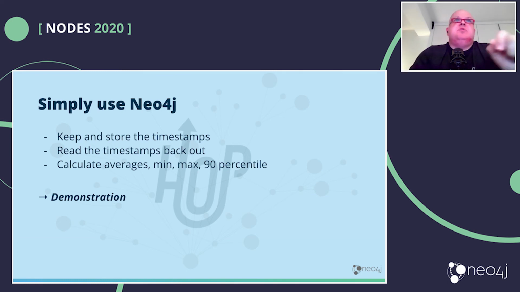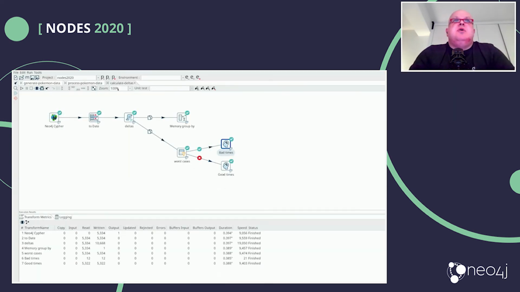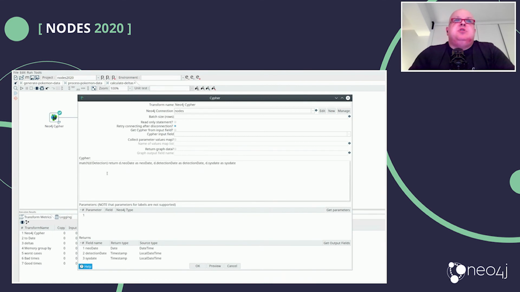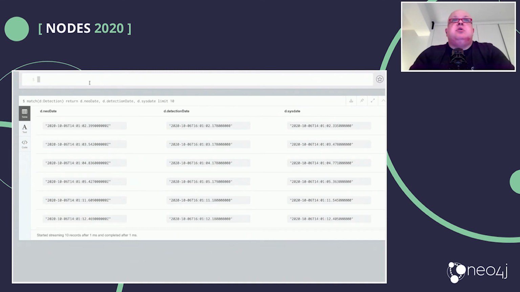All right, let's go back to our simple transform for Cypher. And basically what we're doing here is saying, okay, give me a list of all the detections, return the Neo4j date. And we can also take a look quickly, just to look at the data model. Let's take return D limit 10 maybe.